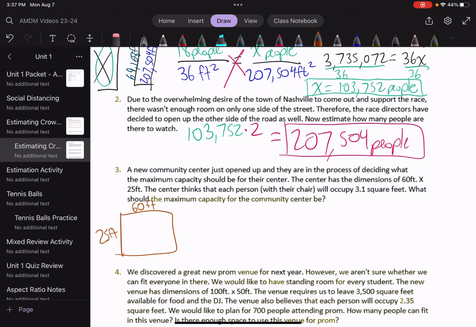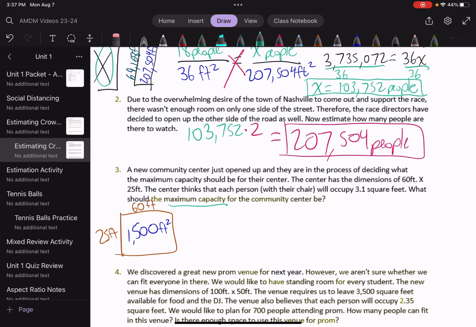So let's look here. First off, I need to find the area that we're dealing with. So I've got 25 times 60. That gives us 1,500 feet squared. So that's the area that we're dealing with. But we need to know the maximum capacity of the community center. All right?